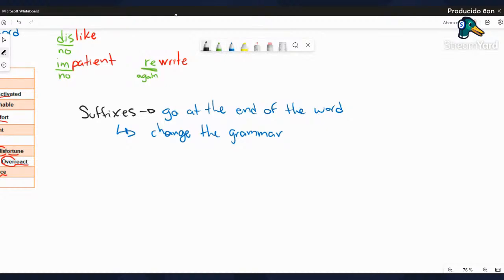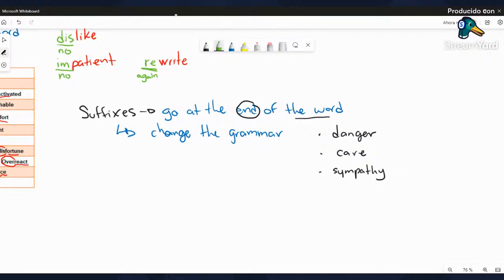For example, if you have these words, danger, care, or sympathy, and you want to change the grammar, how can you add a suffix? It says here that they go at the end of the word. So we have the words already.